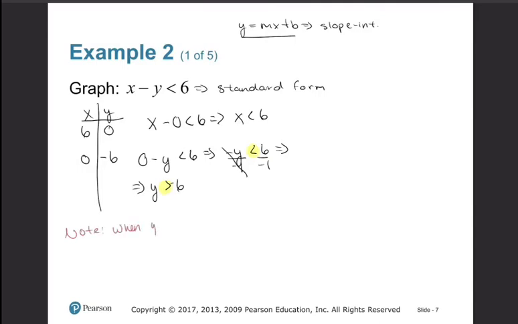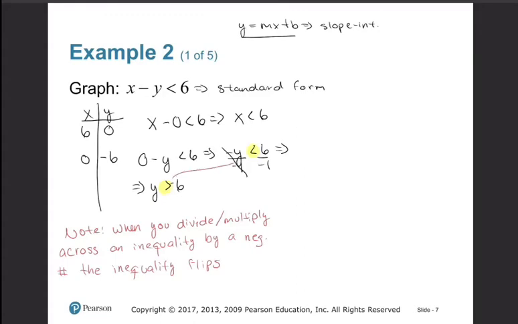When you divide or multiply across an inequality by a negative number, the inequality flips.